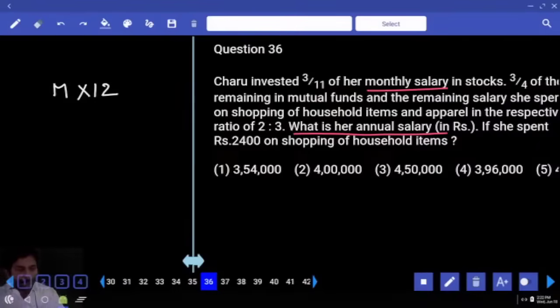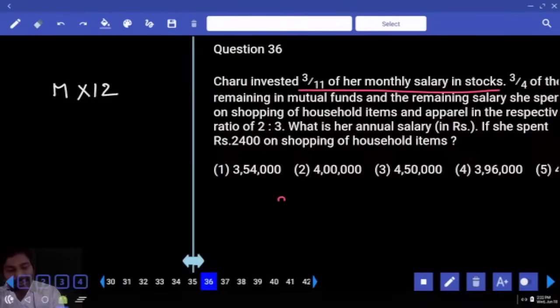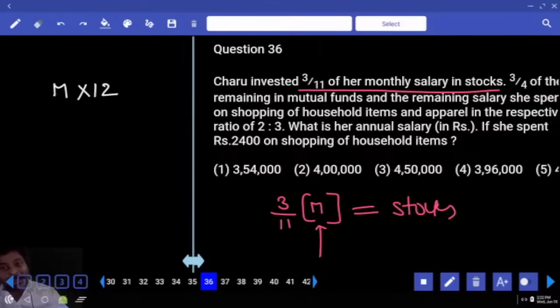Agreed or not? From the first statement, when you calculate 3/11 of the monthly salary and this much is spent on stocks, your monthly salary should be a multiple of 11 because the left-hand side denominator is 11.